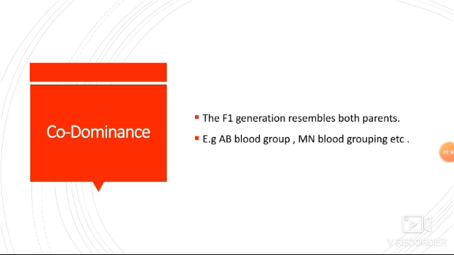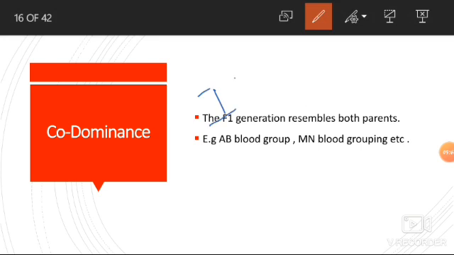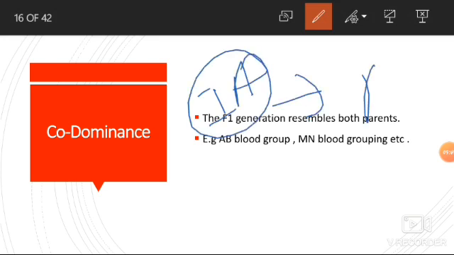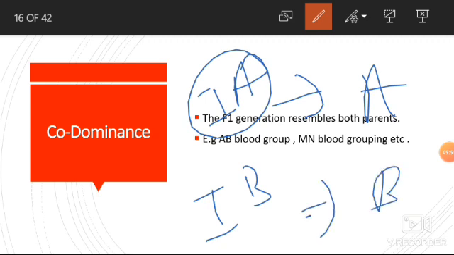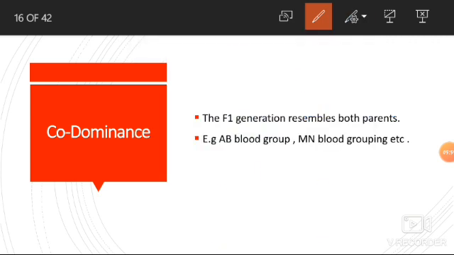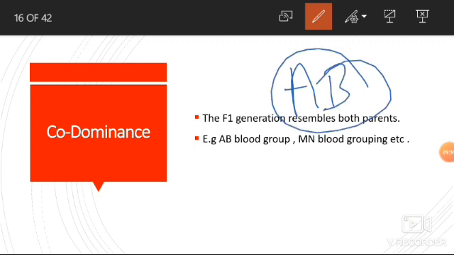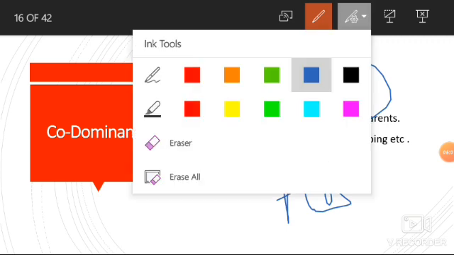If these alleles are present independently, they will show their effect. Like if I^A is present independently, it will show A blood group, and if I^B is present independently, it will show B blood group. But in a heterozygote condition, they will form a collective effect that is called AB blood group.